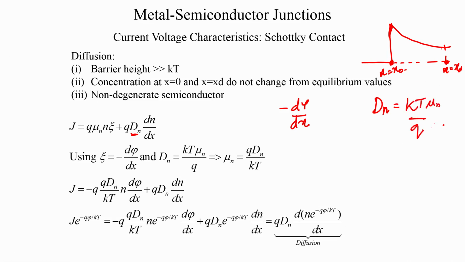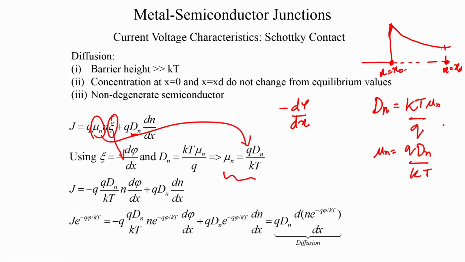We are going to say that this relation holds, and your Dn is simply kT mu n by q. So, we are going to make this assumption, and instead of mu n we are going to throw in this particular term, and instead of electric field we are going to throw in this particular term, and we will end up with an expression for the current density to be this.